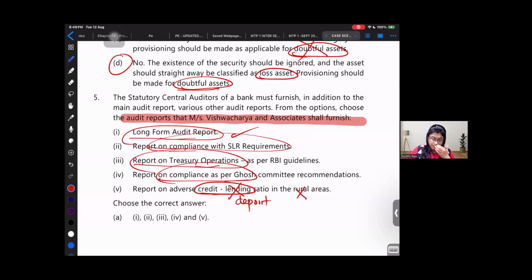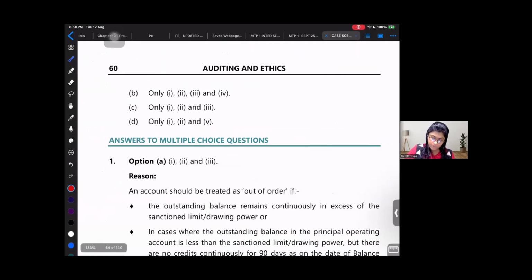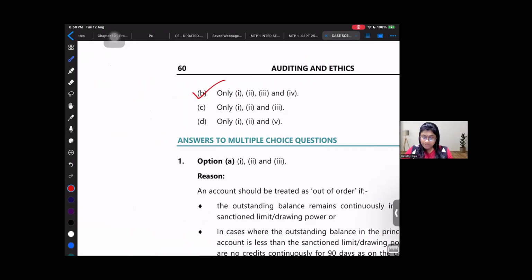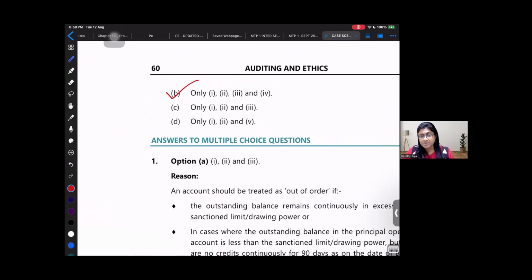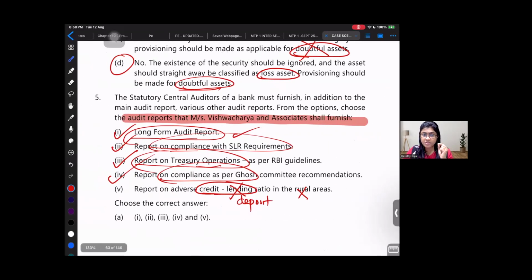So the answer is 1, 2, 3, 4. Answer is B. See, it is not lending, it is deposit. Very minute point. Not adverse lending, it is adverse deposit. Are you clear?